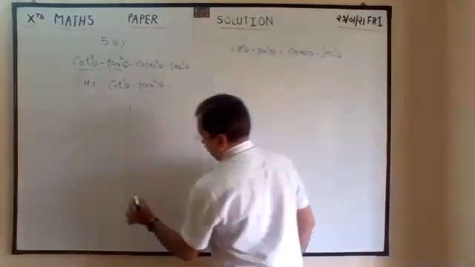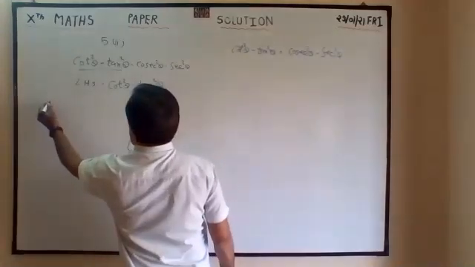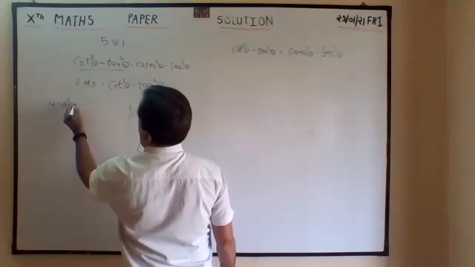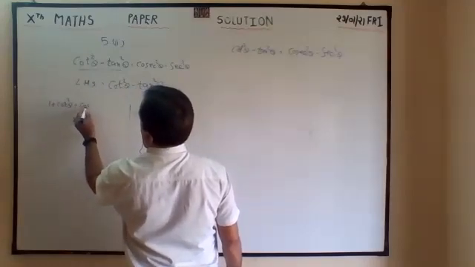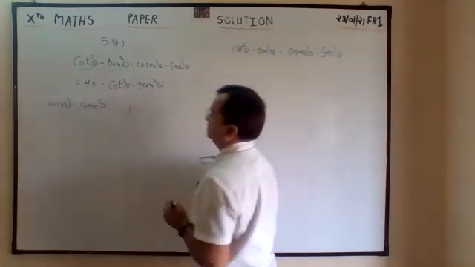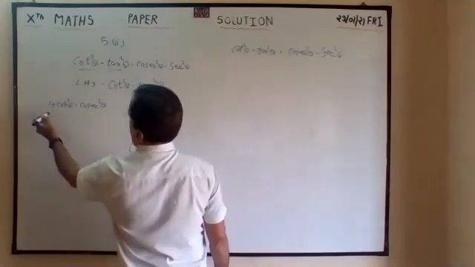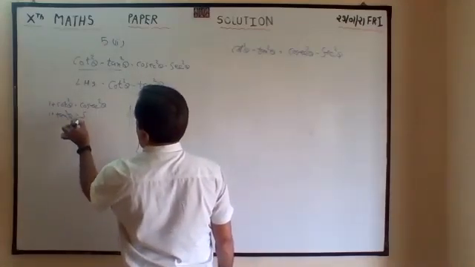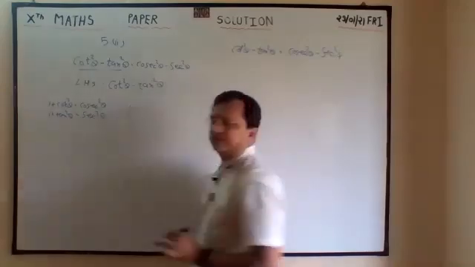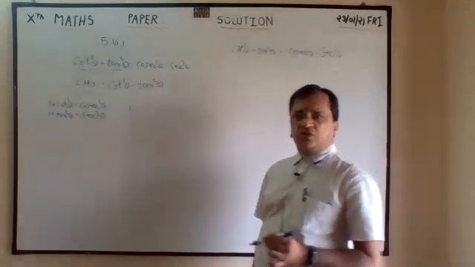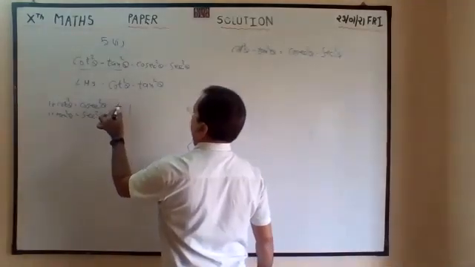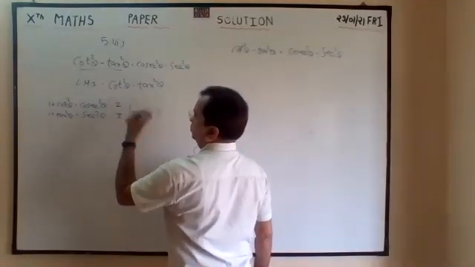We know that 1 plus cot square theta is equal to cosec square theta, and 1 plus tan square theta is equal to sec square theta. So first minus second, this is identity 1, this is identity 2.